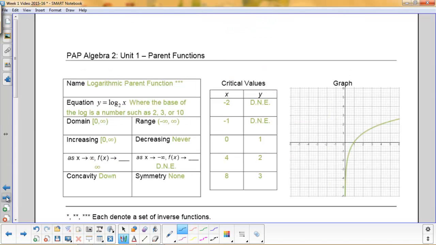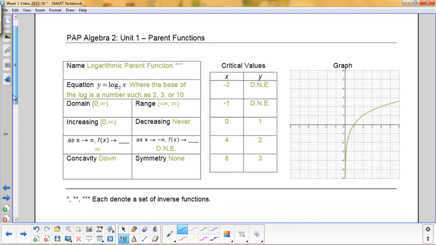Our last and final parent function is the logarithmic parent function. That one's going to be y equals log base 2 of x, where the base of the logarithm is any number, but we're going to really focus on the numbers 2, 3, and 10 for our parent functions. Domain, 0 to infinity. Range, negative infinity to positive infinity. Notice it's always increasing and never decreasing.